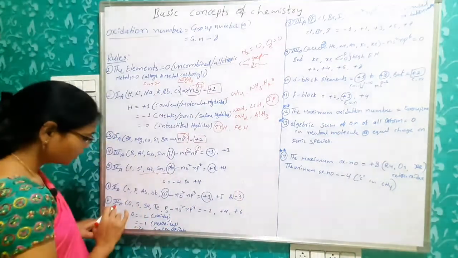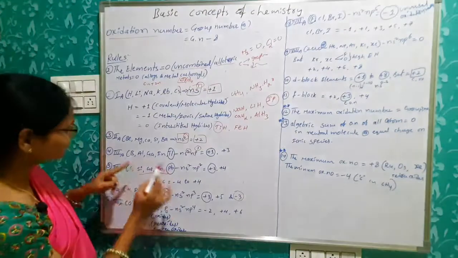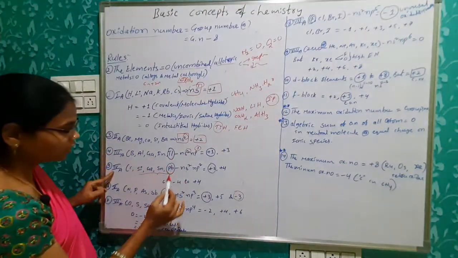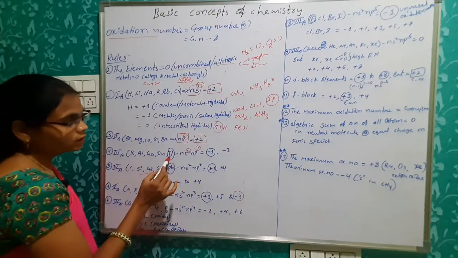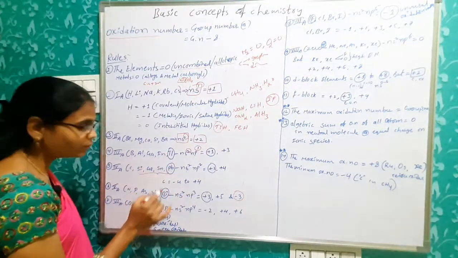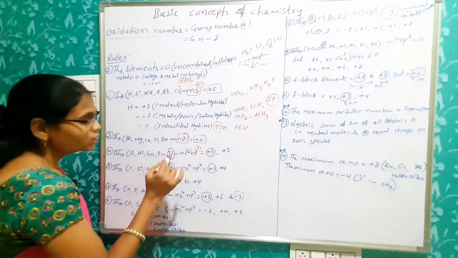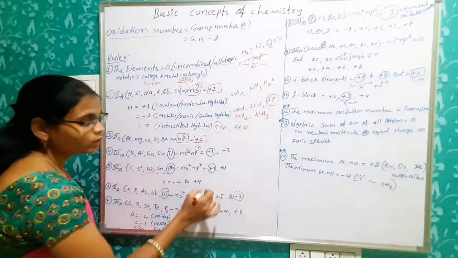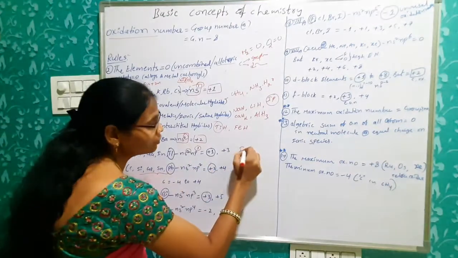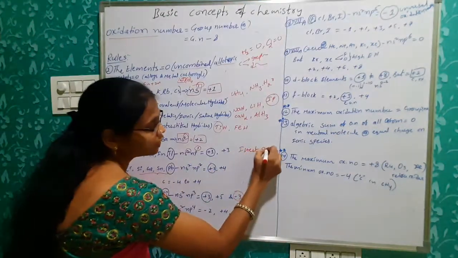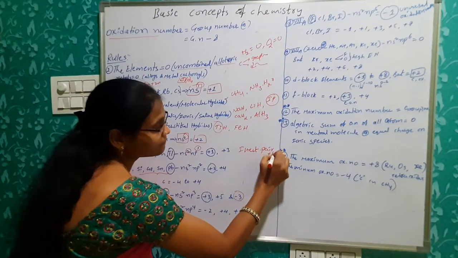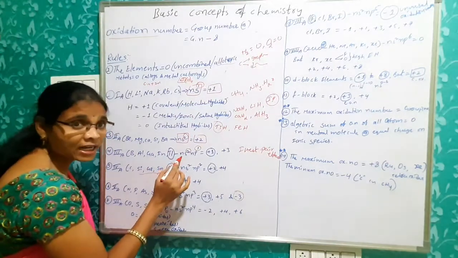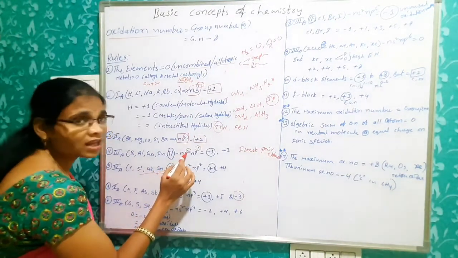Now from 3A thallium, 4A lead, 5A bismuth: the last element in each group shows a lower oxidation number as its stable oxidation number due to the inert pair effect. Inert pair effect is nothing but reluctance, non-participation of ns electrons.